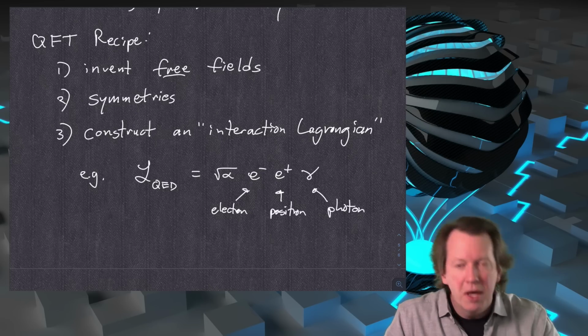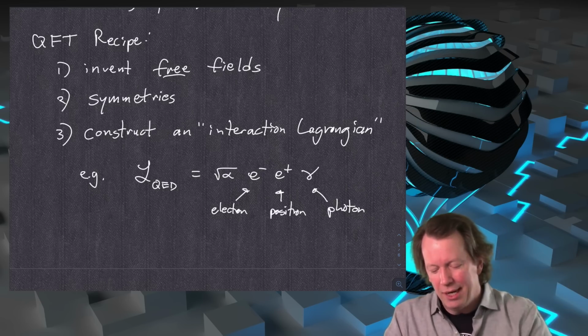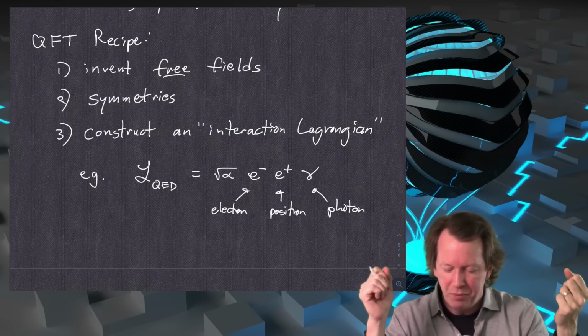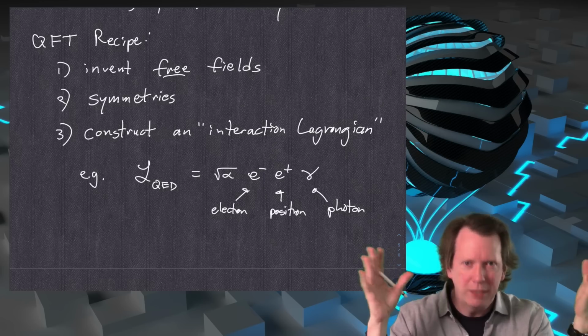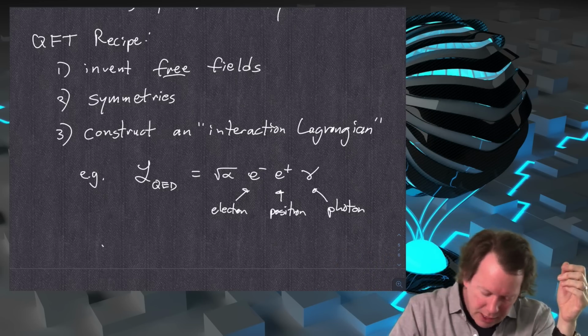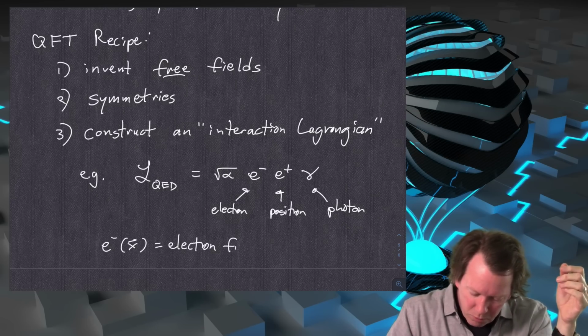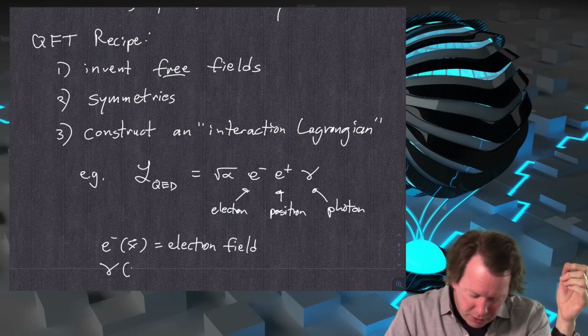These e's have nothing to do with 2.7, Euler's constant. Gamma has nothing to do with the other constant, the Euler-Mascheroni constant. I'm not going to pronounce it correctly, but these are fields. This is e minus of x, the electron field. Gamma, in this very, very simplified notation, is the photon field.